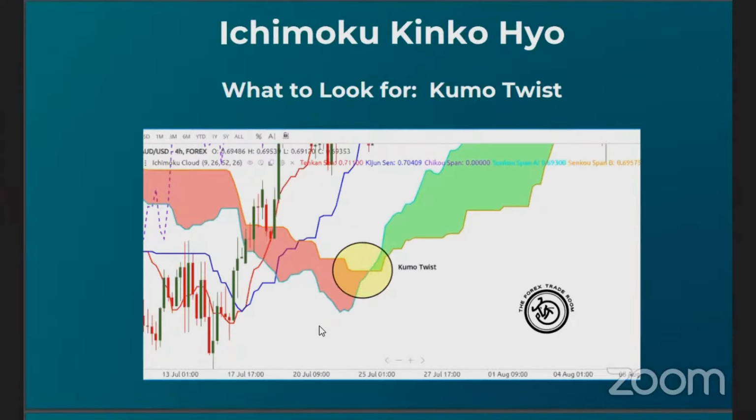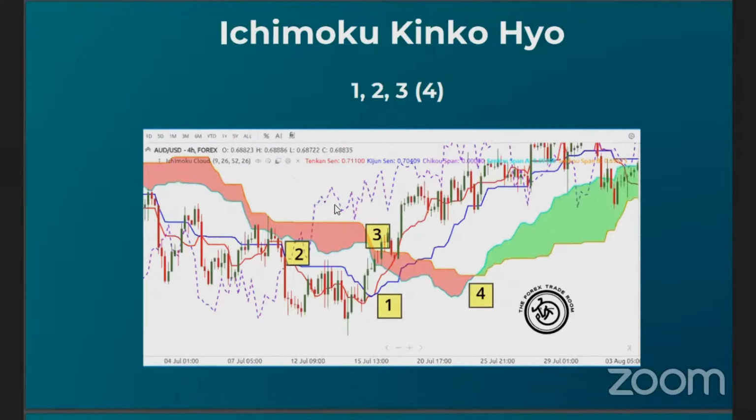But it was after, when you talked about the break above with the lagging span. So I was trying to figure out, okay, you said that's where price was 26 periods ago, correct?